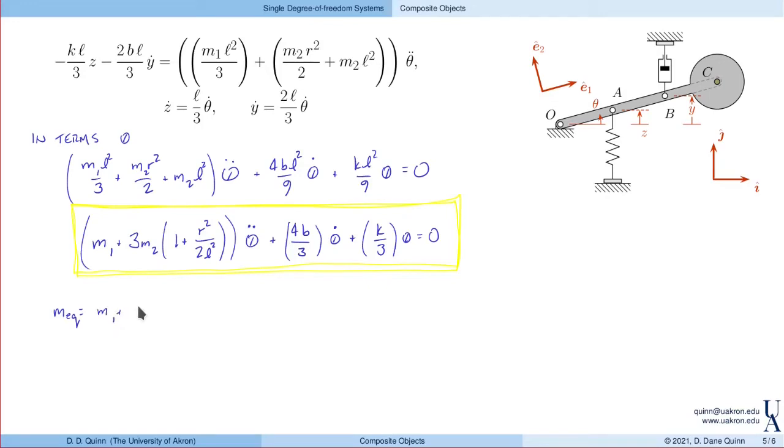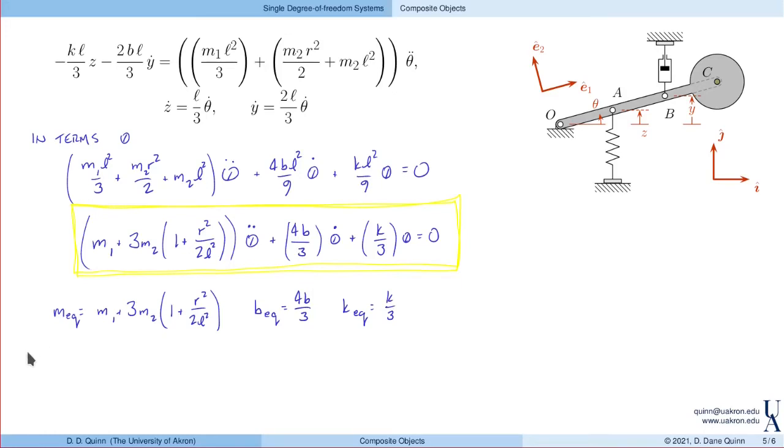All right, so it's m1 plus 3m2 times 1 plus r squared over 2l squared. The equivalent damping here is 4b over 3, and of course the equivalent stiffness is k over 3. So there we have the equation of motion as well as the equivalent parameters.